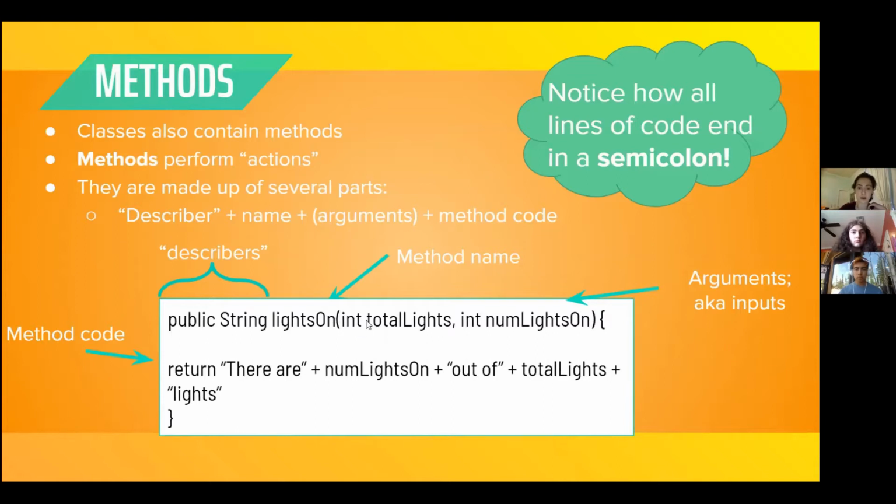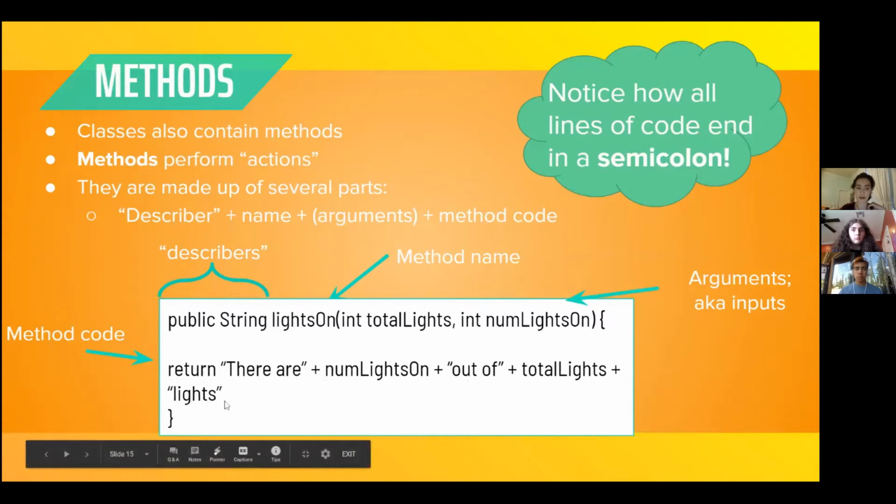So the first input that I need to give this method so that it works is the total number of lights in the house, right? And the second one I need to tell it is how many lights are on inside the house, right? So in this return statement, it's going to say there are, then whatever number of lights you said were on in the house out of number of lights total in the house.